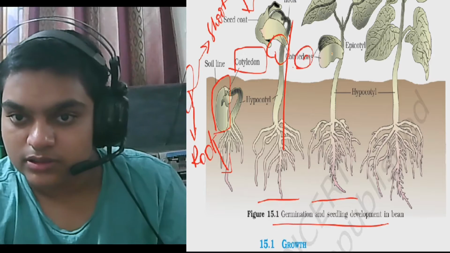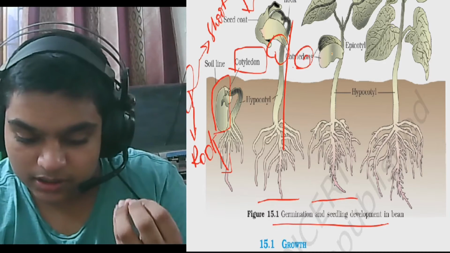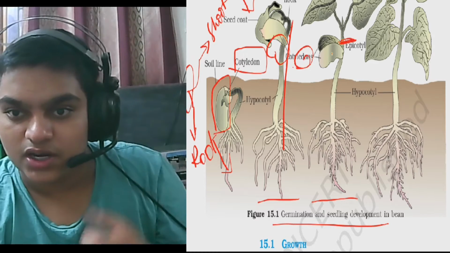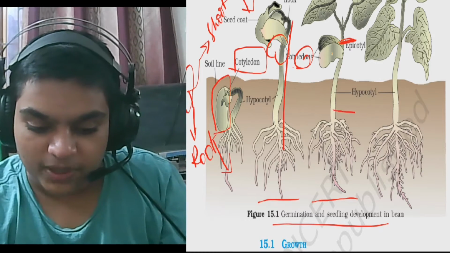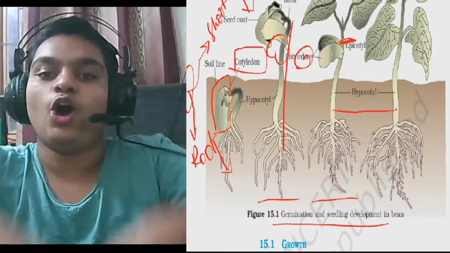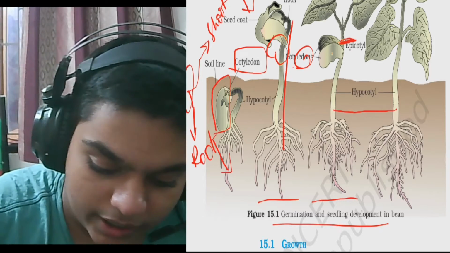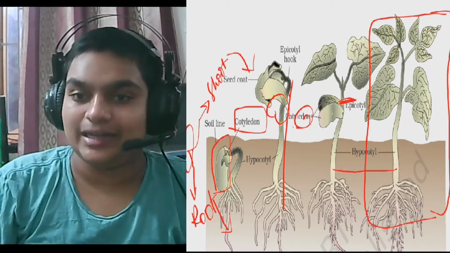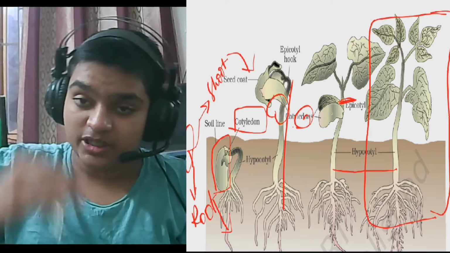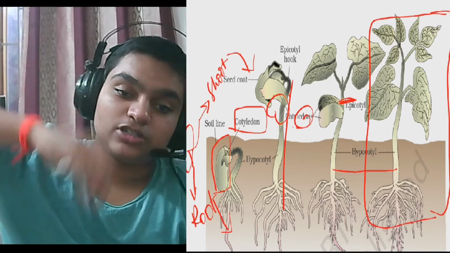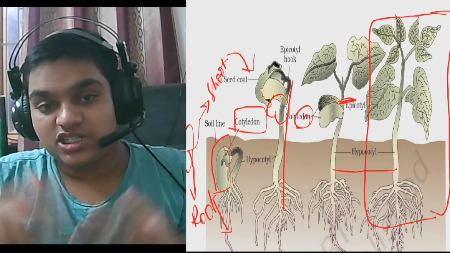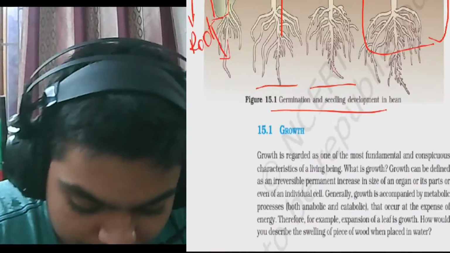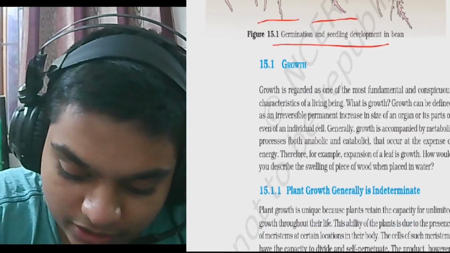Now this upper part which is developing and germinating is called epicotyl, and the lower part which is germinating downwards is called hypocotyl, and now it has grown into a perfect seedling or plantlet. From here the plant continues its journey to spread its branches, stem getting hard, development of bark on it, etc. So now let's understand the meaning of growth.